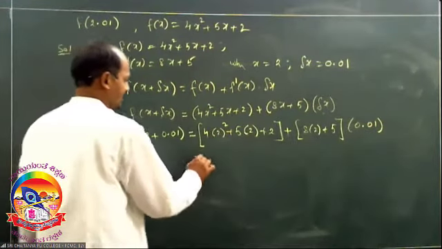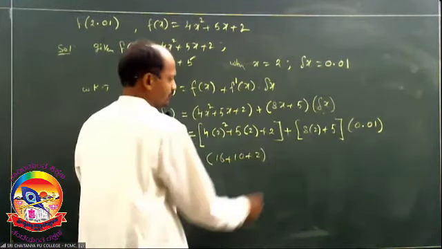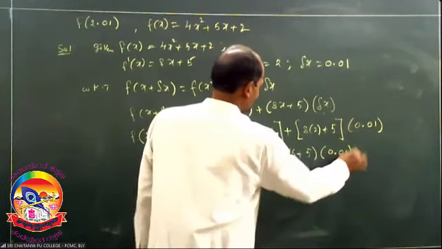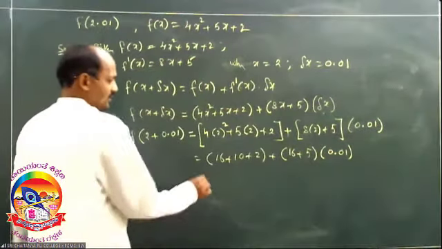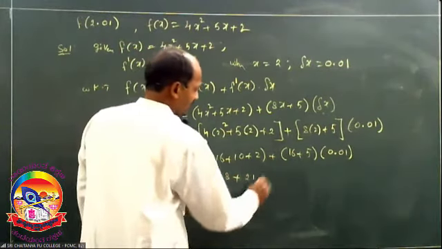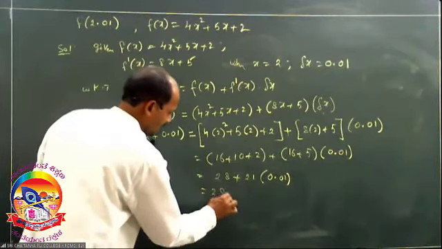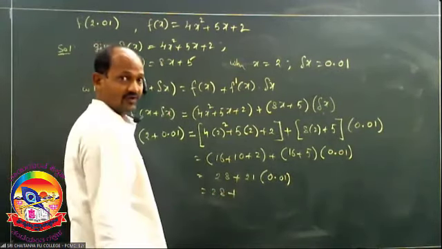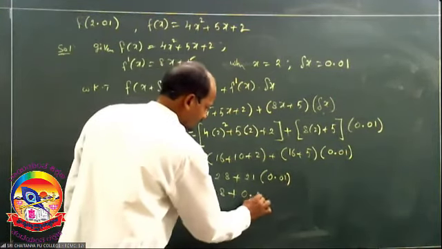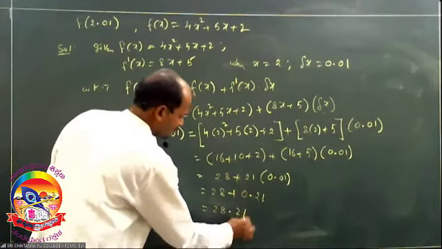Then calculate: 16 + 10 + 2 is 28, plus 21 into 0.01, that is 0.21. So it is clearly 28.21.